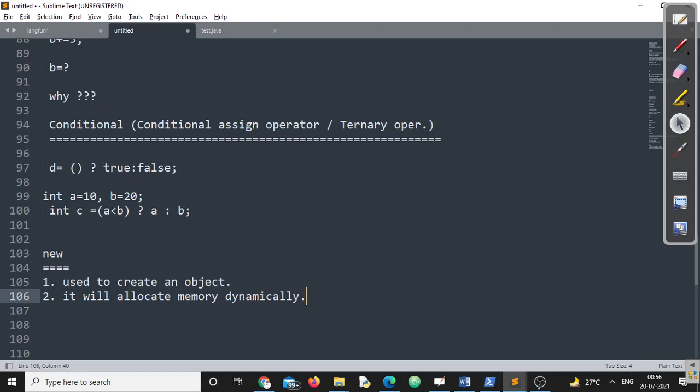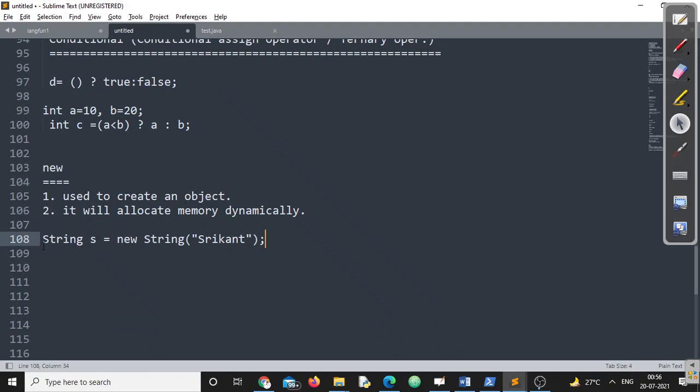Whenever you are using String s equals new String, immediately what is going to happen, I'll let you know. Suppose in between I am writing Srikanth. Let's see what is going to happen in memory. When this particular statement is encountered, the new operator is encountered, immediately this statement will create one object in memory.